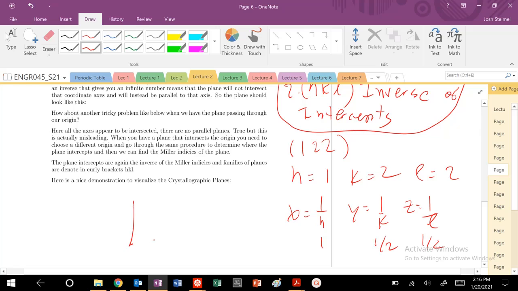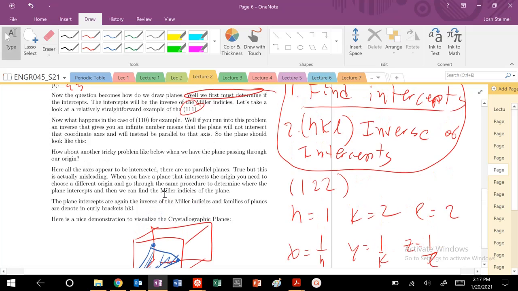If I'm drawing my planes here, I use different colors. My plane is going to intersect 1 here, 1/2 here, and 1/2 here. So it'll look like this weird plane. That would be my plane, and you just connect the dots.